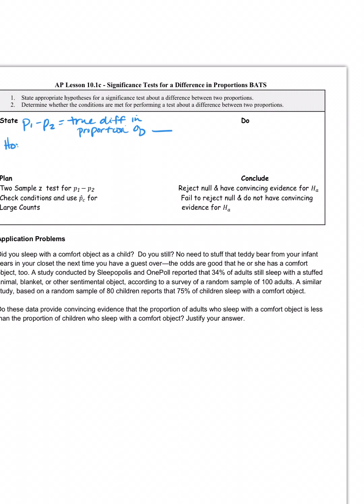And we said the null is always going to equal 0 unless you do the alternate form that I showed you, P1 minus P2. This could be greater than, less than, or not equal to 0, right? Depends on the question.